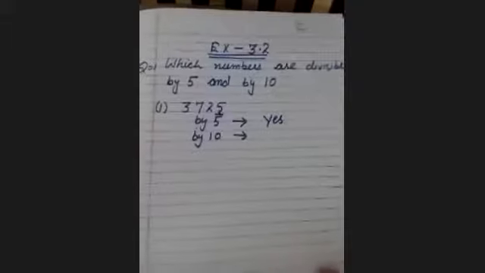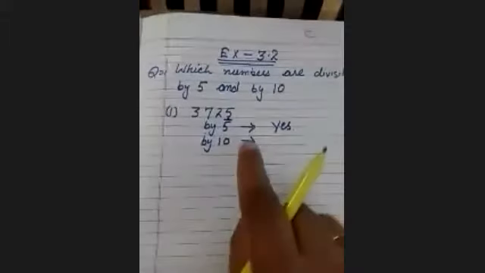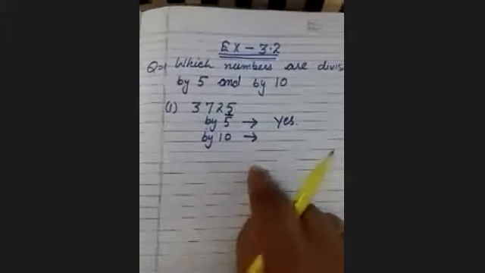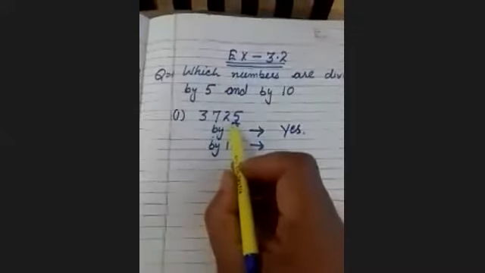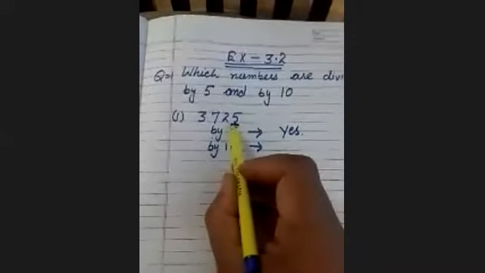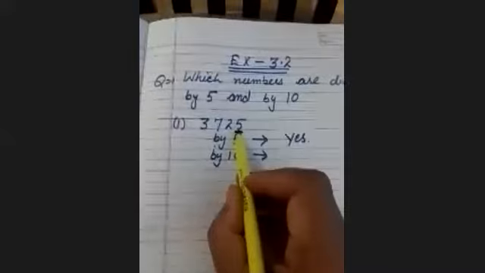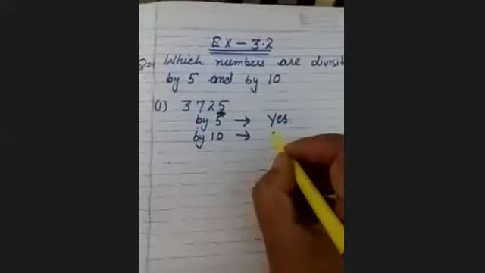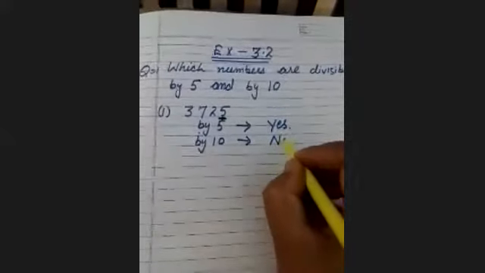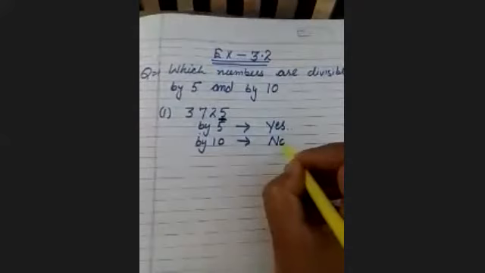A number is divisible by 10 if its last digit is 0. Here our last digit is 5, so this number is not divisible by 10.